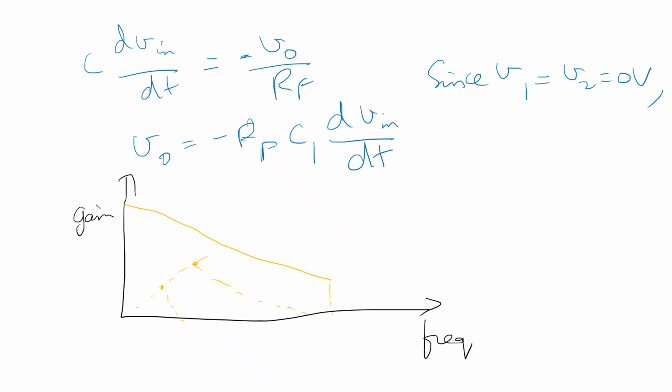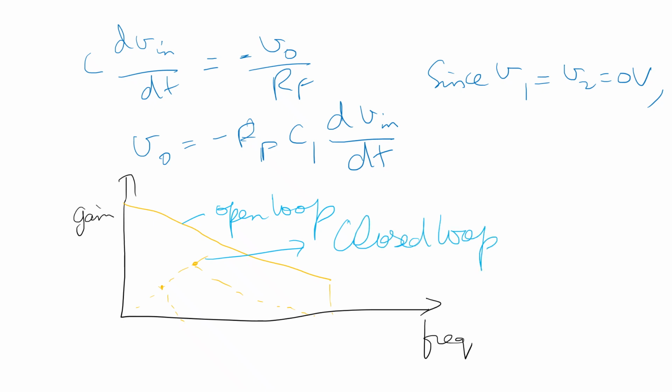This is the gain obtained under open loop, and the gain increases with the frequency. This is the gain obtained under closed loop. The closed loop response of a practical differentiator is at minus 20 dB per decade.